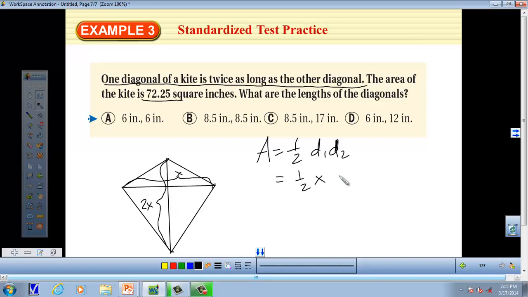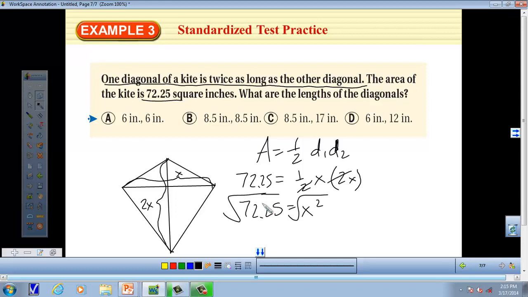We'll call one of them x, we'll call the other one 2x. And we know that the area is 72.25. So therefore 72.25 is equal to, if we cancel those out, x squared, and then at that point we take the square root of both.